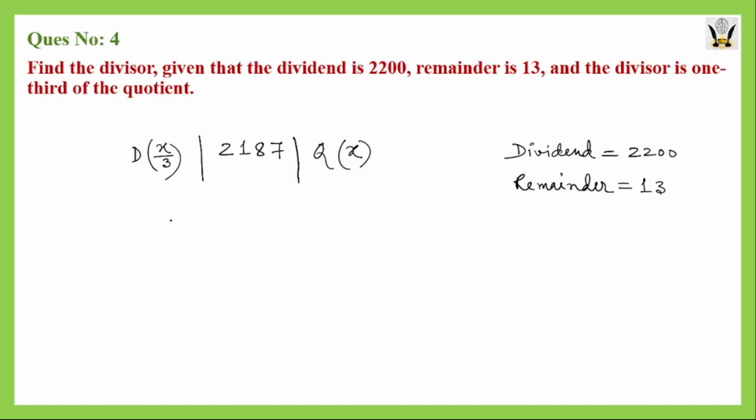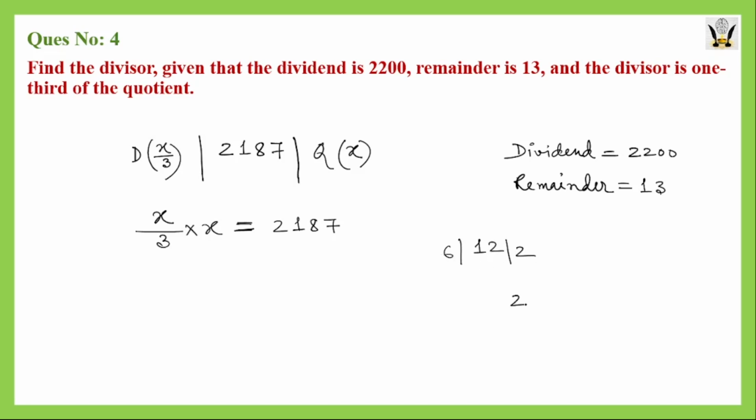Now we know that when we multiply divisor and quotient, that basically gives us the dividend if it is completely divisible. So it will be 2187. For example, if we have 12 and we divide by 6, then the quotient will be 2, so 6 2s are 12.